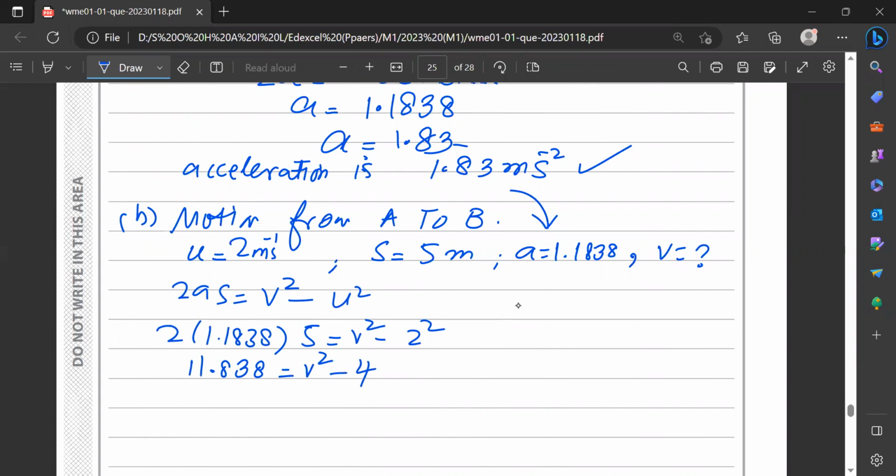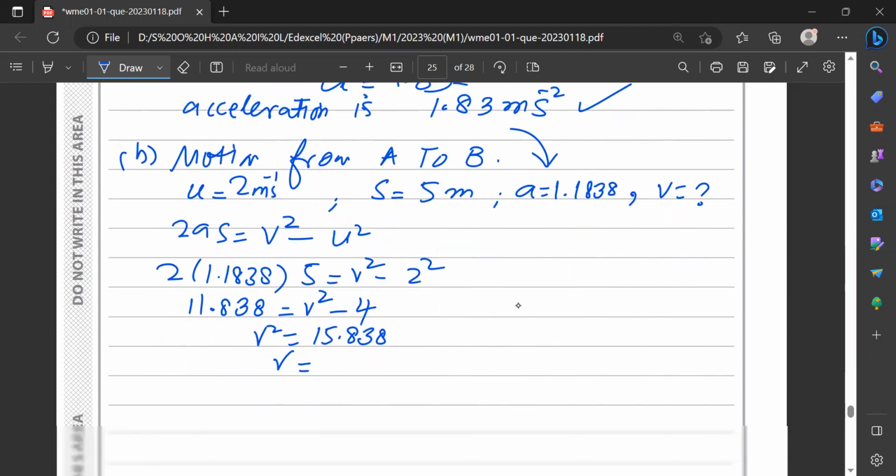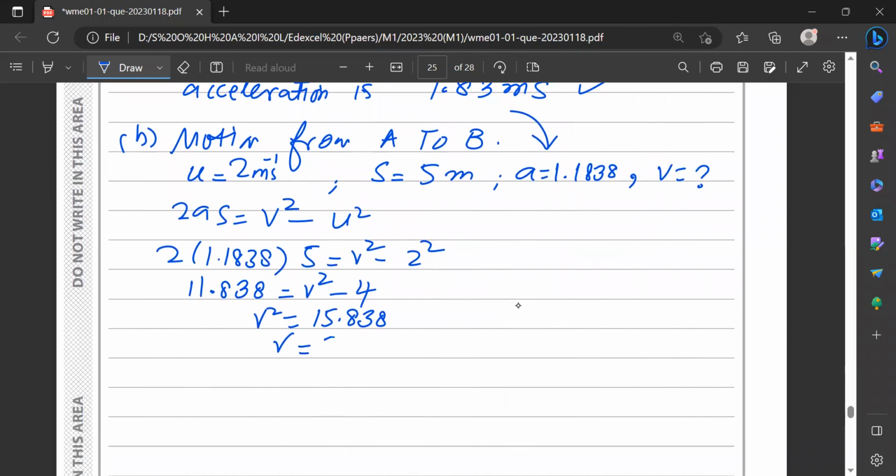So v squared is 11.838 plus 4, which is 15.838, and v is the square root of this value, which is 3.976 and so on.